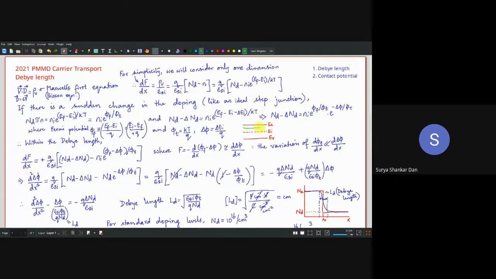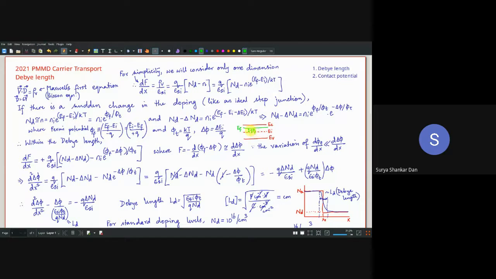EF will be somewhere here, that means between EC and EI. Correct. So the higher the donor concentration, EF will go more and more towards EC. Now the difference between EF and EI, this part, is essentially q times phi F.